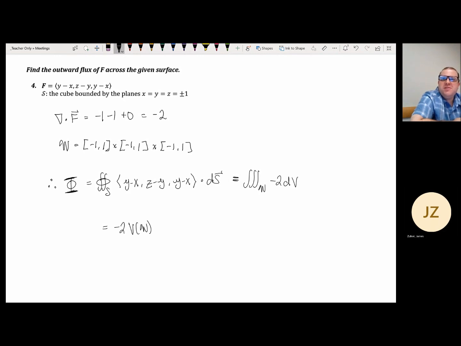What's the volume of our cube? Well, those are the dimensions. What's the volume? 8. Outward flux is -16. Why is it like the two cube?